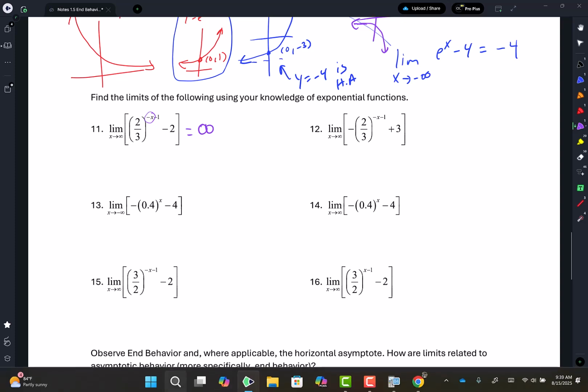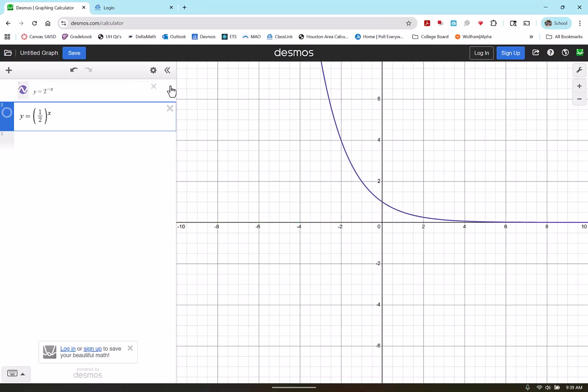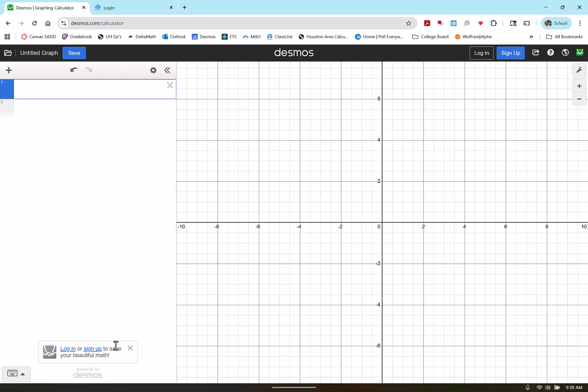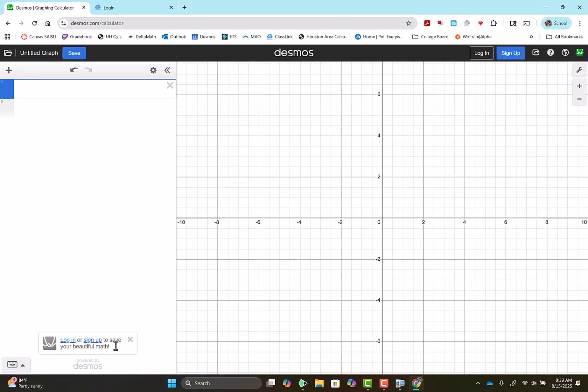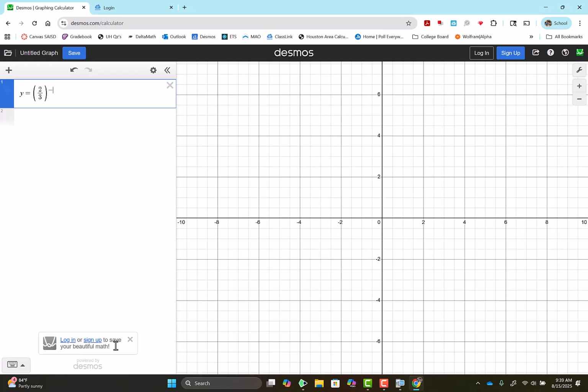And I know you guys are visual learners, so let me bring it out. Let's clear all these. So what did I have? Y equals 2/3 to the power negative x minus 1. Was the minus 1 also on the power, right?